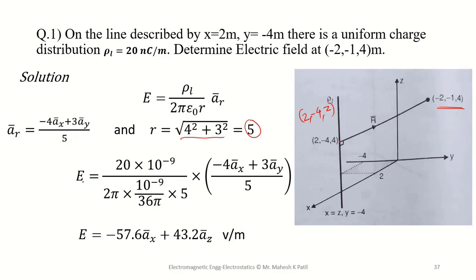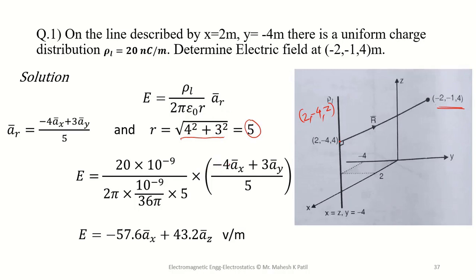Now the electric field intensity due to line charge is rho L upon 2 pi epsilon naught R AR bar. In this, put the given rho L value, 20 nanocoulomb, therefore 20 into 10 raised to minus 9 upon 2 pi, epsilon naught value is 10 raised to minus 9 upon 36 pi, into r, that r value is 5. It is multiplied by AR bar.